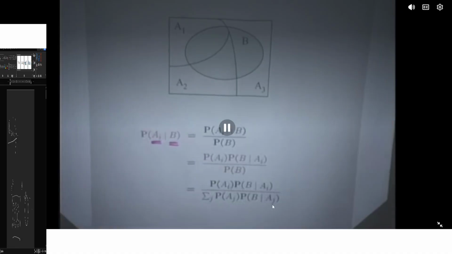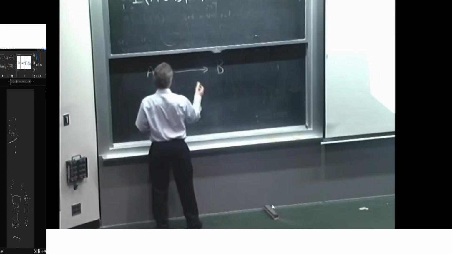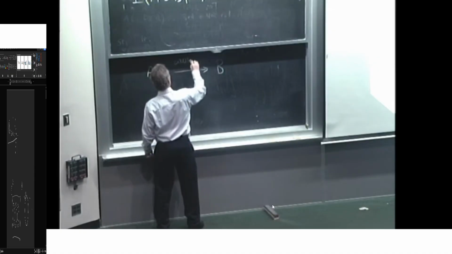Other way. So schematically, what's happening here is that we have a model of cause and effect. A scenario occurs, and that may cause B to happen or may not cause it to happen. So this is a cause-effect model.